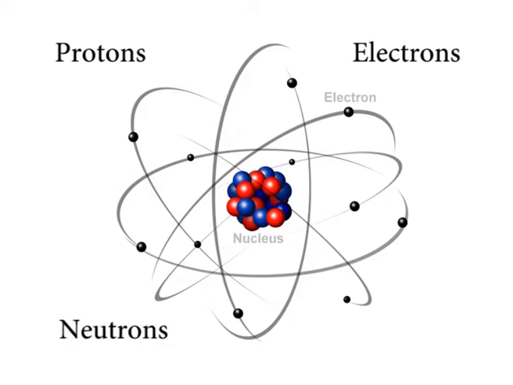The protons and neutrons are packed tightly together in a central nucleus. The charge of a single electron and that of a single proton have the same magnitude but are opposite in sign.